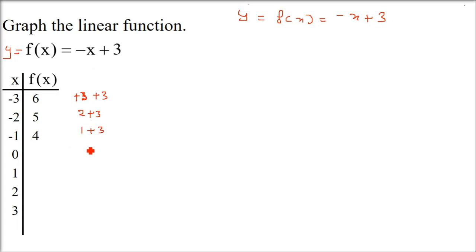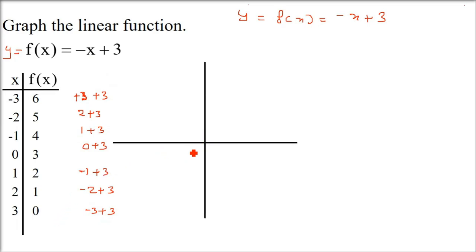Put 0. 0 plus 3. That is going to be 3. Put 1. -1 plus 3. That is 3 minus 1, that is 2. Now put 2, -2. So 3 minus 2 is 1. Now put 3. 3 into -1, that is -3 plus 3, 0.